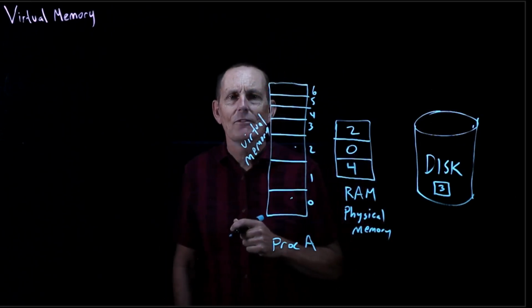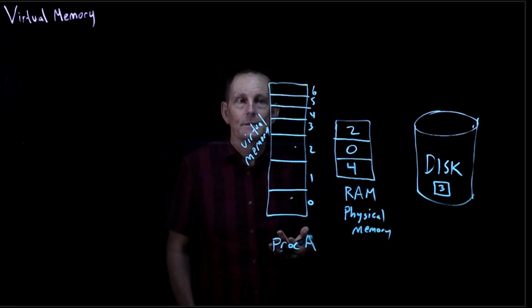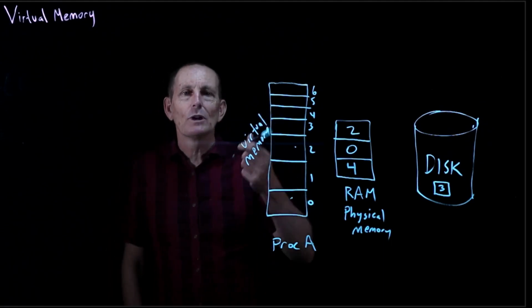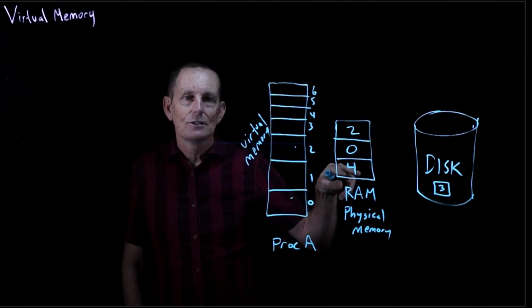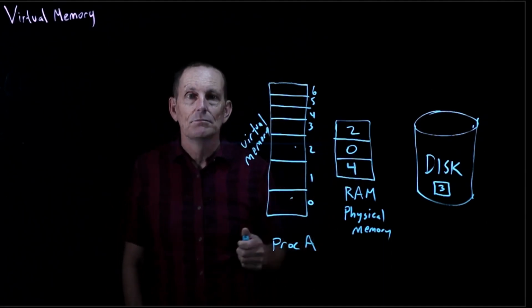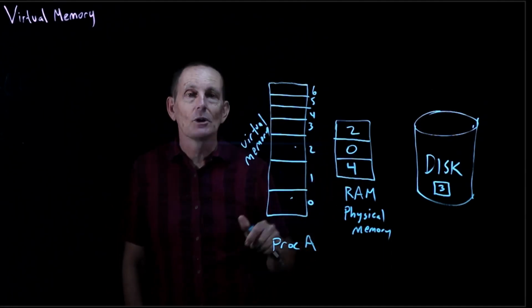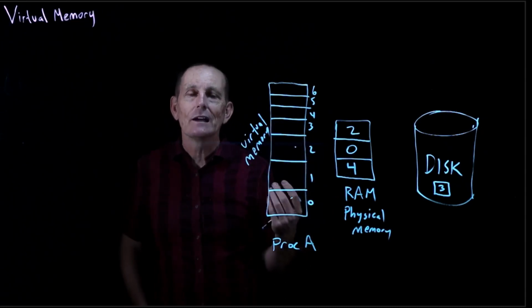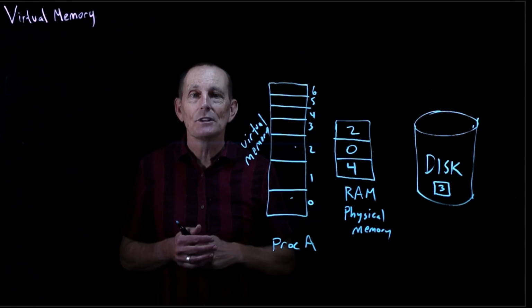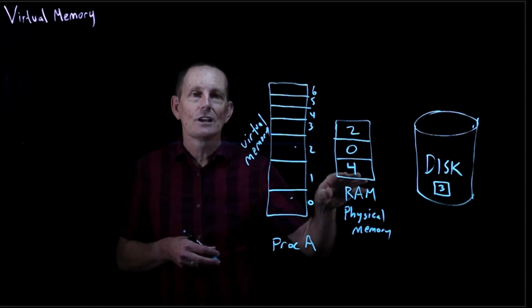Now, where does page 4 come from? Well, it depends. If page 4 were a new stack page, then we can just use 0 bytes here, or just random contents of a page. If this page were marked in the ELF file as being initialized with zeros, then we could just initialize it with zeros.